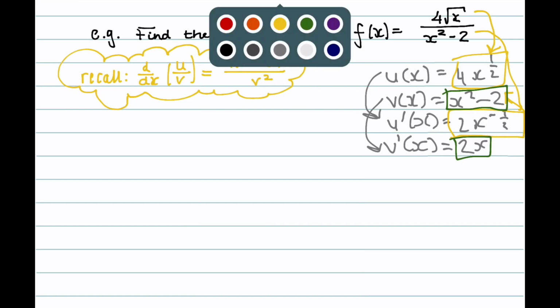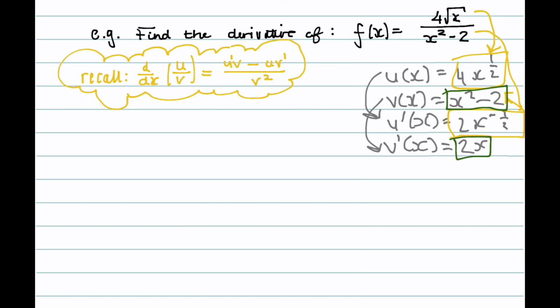So let's use the quotient rule to find the derivative of the quotient of these two functions. So now f prime x will be equal to the derivative of the numerator, which will be equal to 2x to the minus a half, multiplied by the denominator, so multiplied by x squared minus 2.